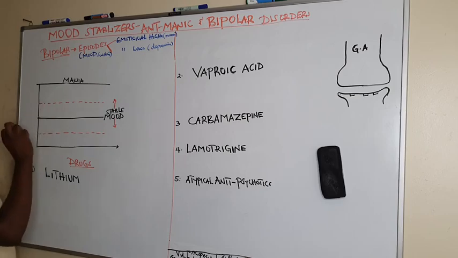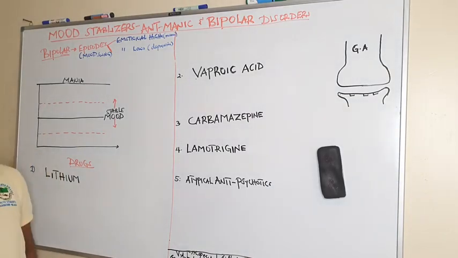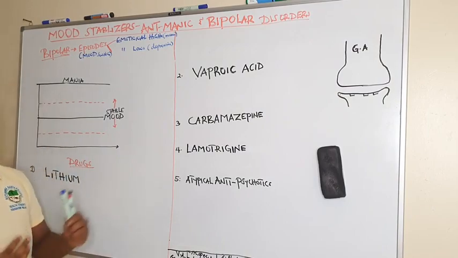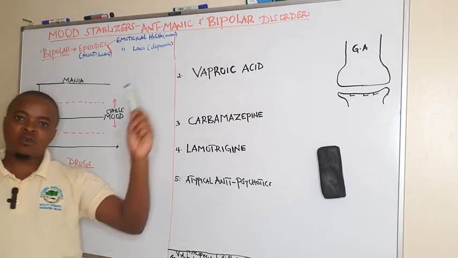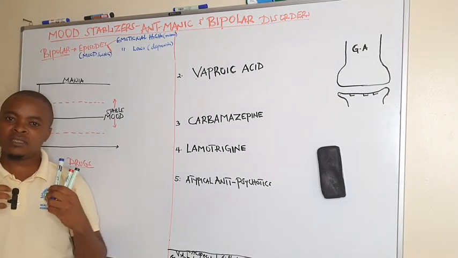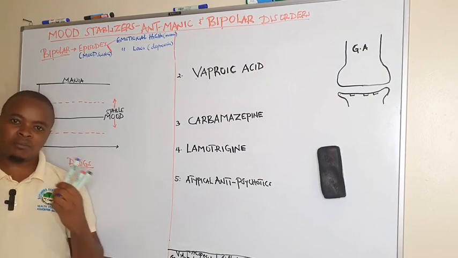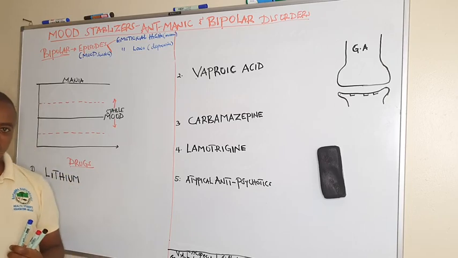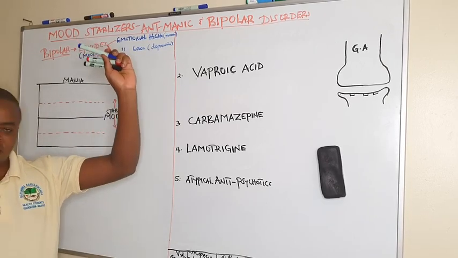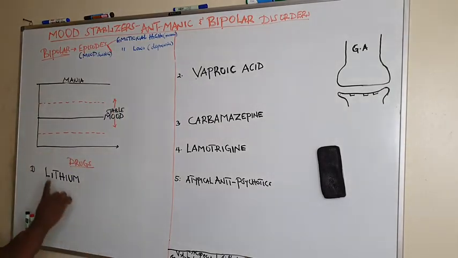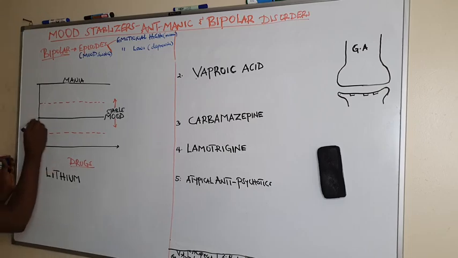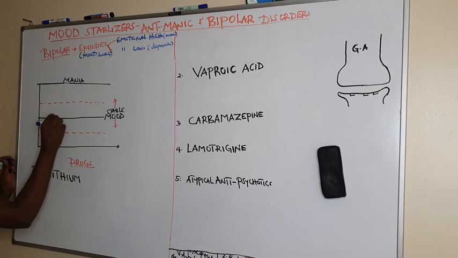This is a mental illness characterized by mood swings, or episodes of emotional highs, whereby someone is hyper and in a short time changes mood and becomes depressed. That is what we call bipolar disorders, with highs and lows. According to this graph, this is the stable mood.